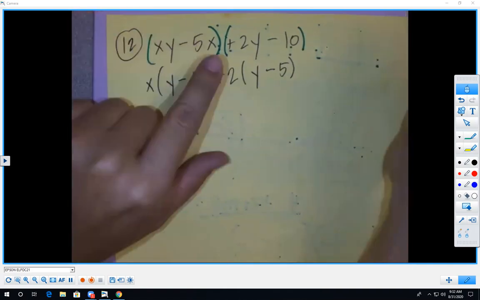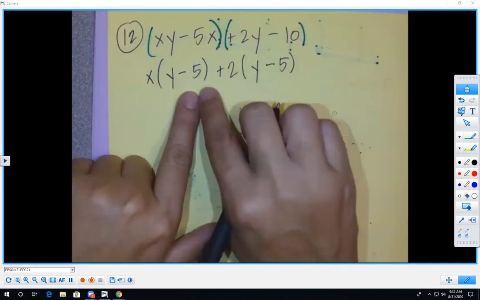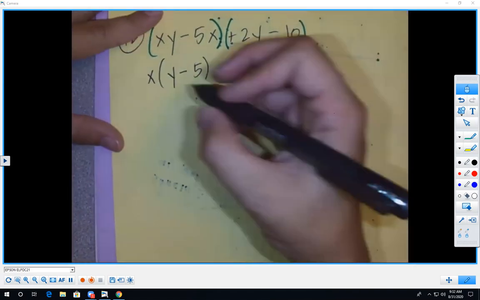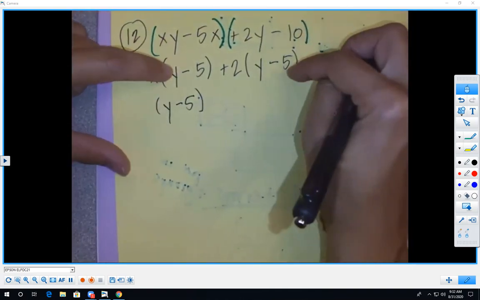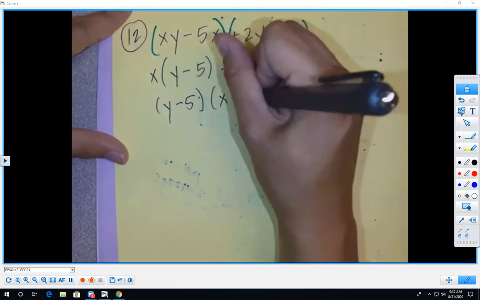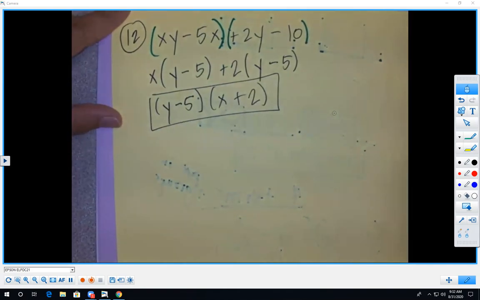And then the insides match. If the insides don't match, you probably did something wrong on that step, okay? The insides should always match. And then I pull out a y minus 5 because that's what they have in common. And left over is x plus 2. And that's your answer. Questions about that one?